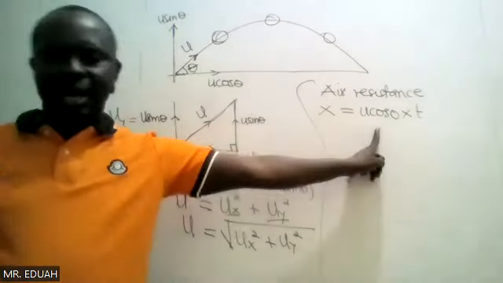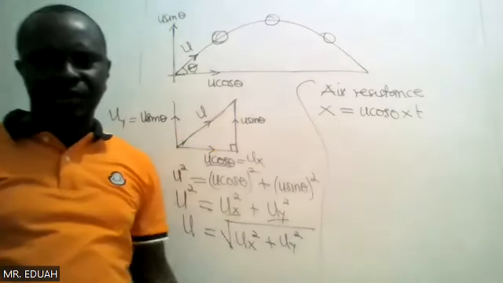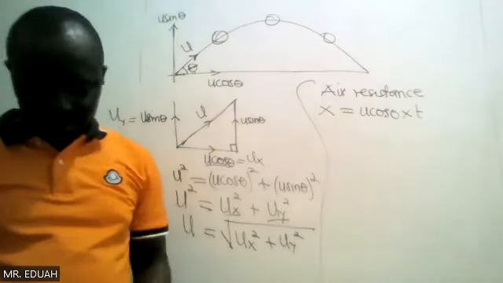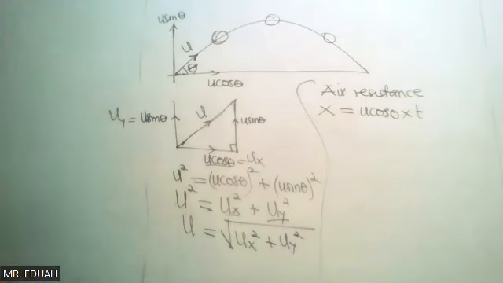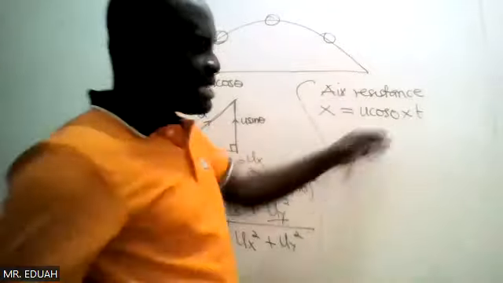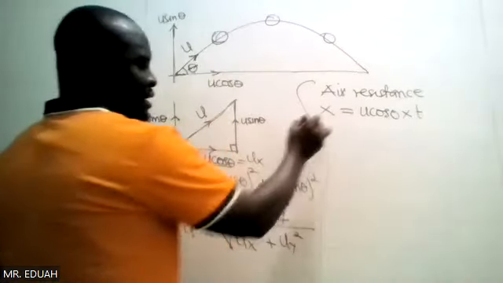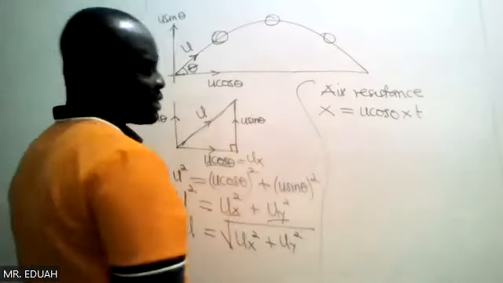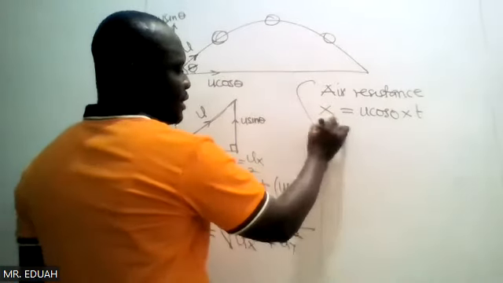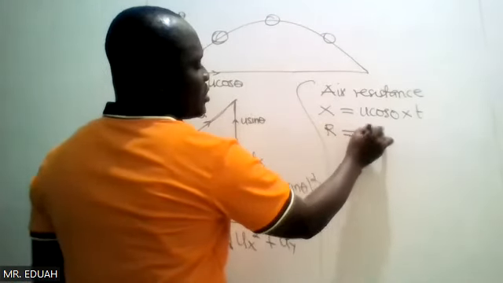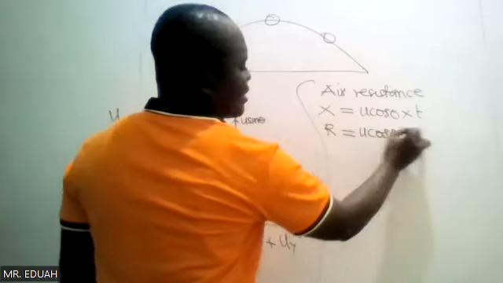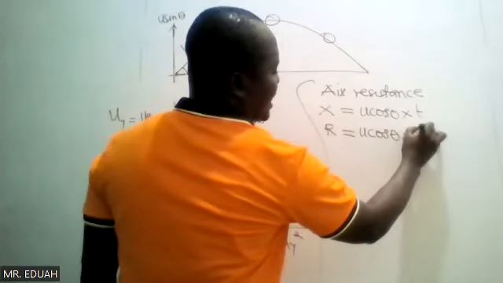So you have to understand this. Please, girls, are you there? Yes. Okay. You have to understand the range. The total horizontal distance, range, is equal to u cos theta times the time of flight.